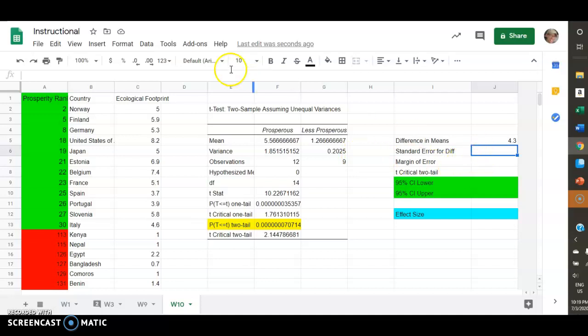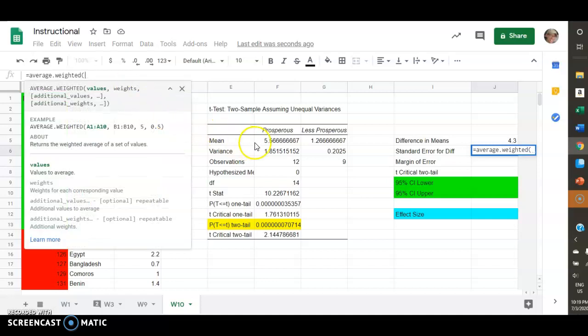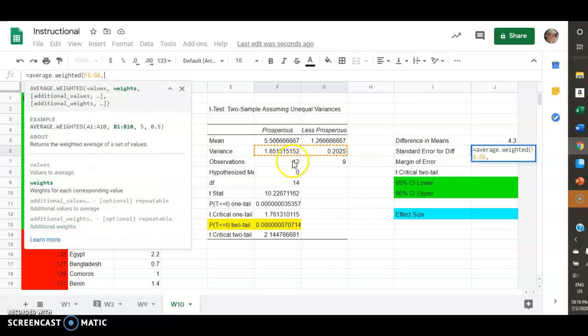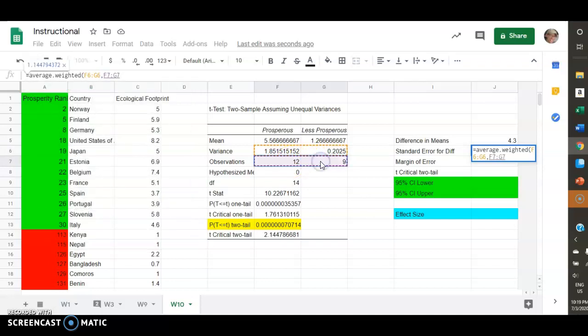Standard error for difference. This one's a bit trickier. So what I want to do is each of these groups has a variance. But the problem is because there were different sizes of samples for the prosperous and the less prosperous, I want to take a weighted average. You may remember that from your week. So I'm going to type in average weighted, and I'm going to select the values first, then a comma, and then the sample sizes.